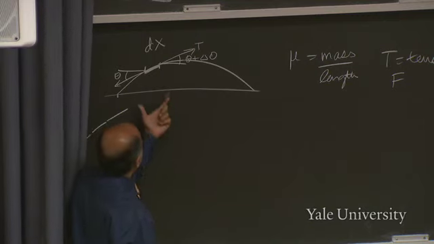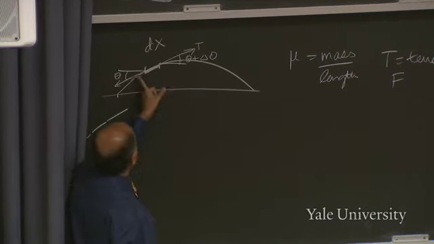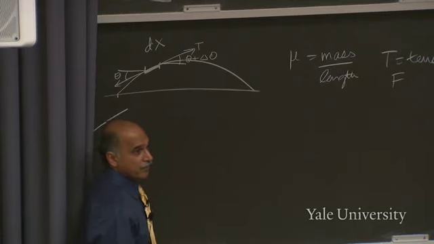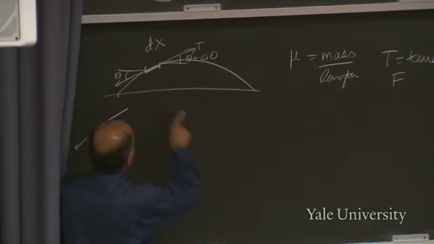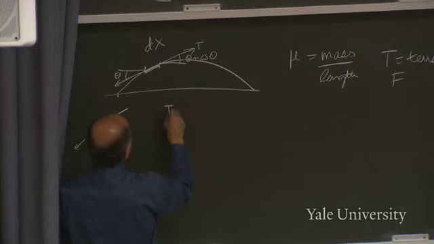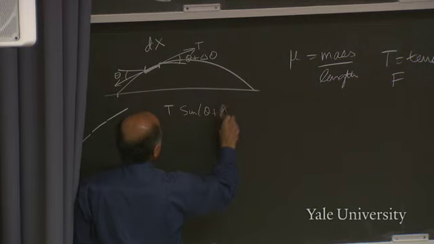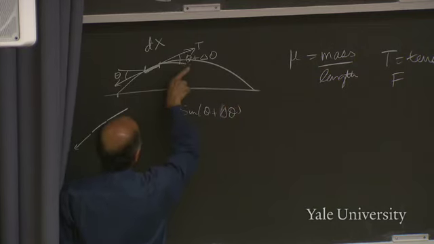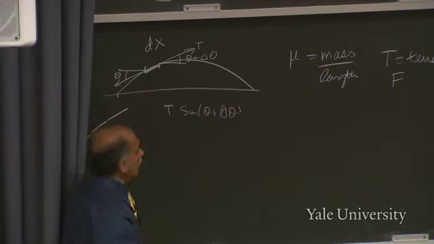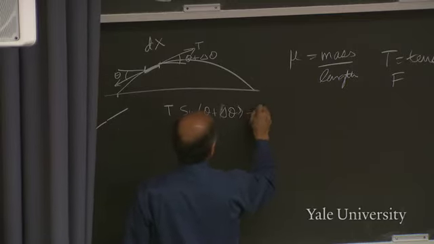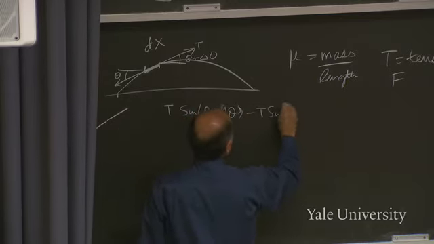So I'm going to find out the vertical component of the force here and take the difference from there. So the force here will be T times sine of theta plus delta theta. Theta is the angle with the horizontal. And the force on the other side will be T times sine theta.